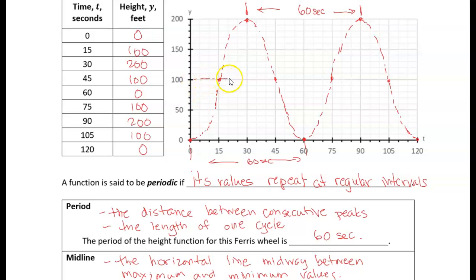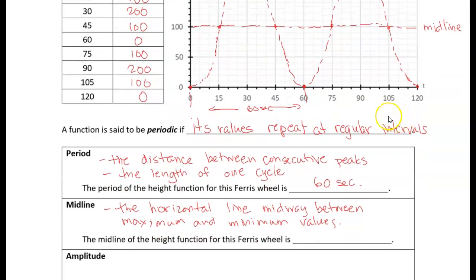The midway line, I'll put a dashed line here, is at 100. So this is the midline. The midline of this Ferris wheel is the line y equals 100.